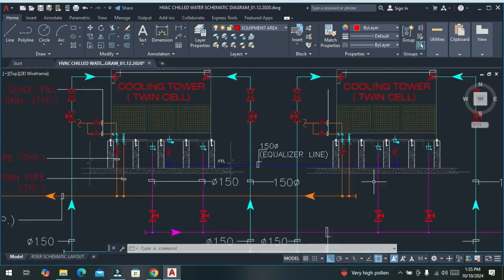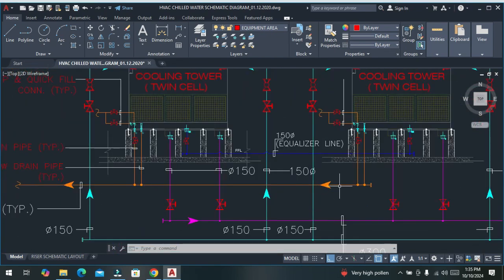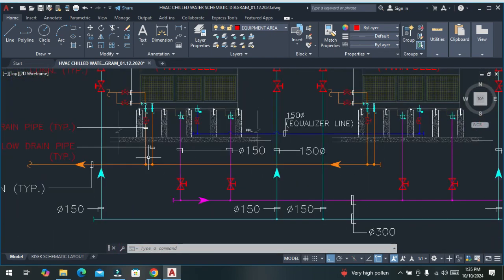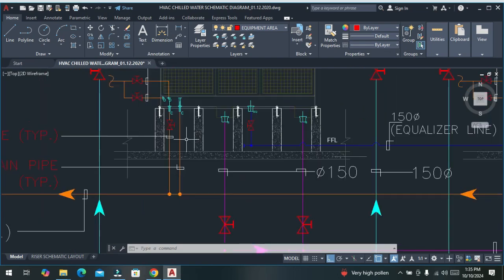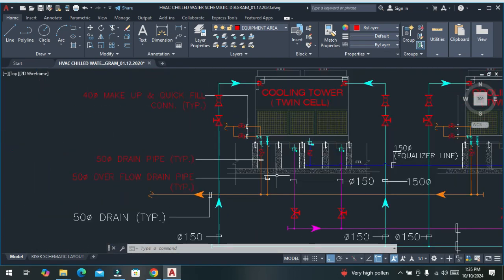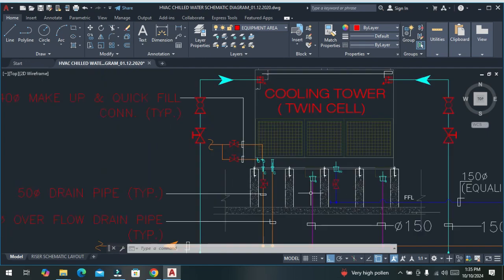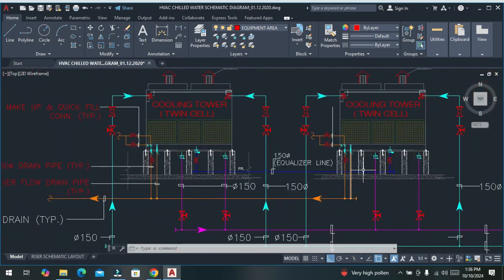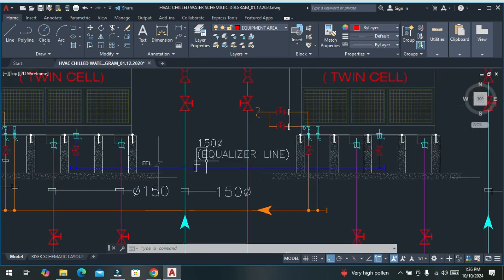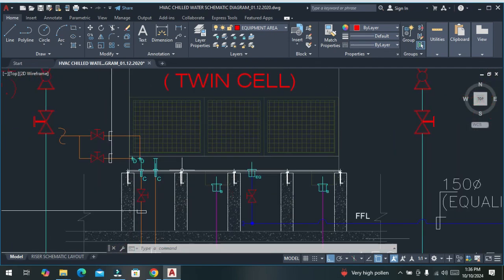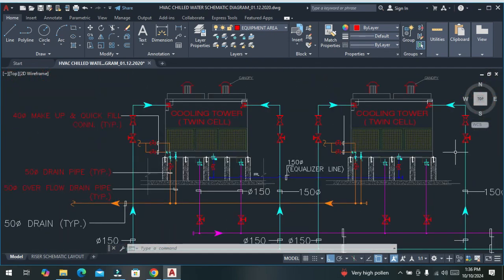For these two cooling tower cells, these are the overflow and drain lines. Another is the equalization line, with the help of which it maintains an equal water level in all cells.